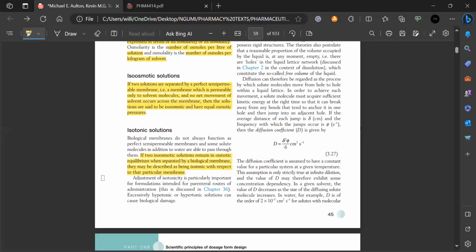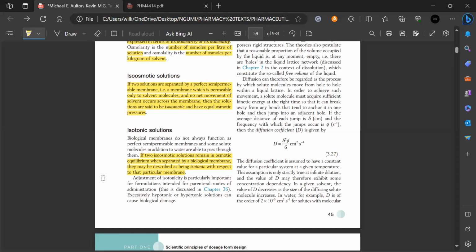So isosmotic solutions: if two solutions are separated by a perfect semi-permeable membrane, i.e. a membrane which is permeable only to solvent molecules, and no net movement of solvent occurs across the membrane, then the solutions are said to be isosmotic and have equal osmotic pressures.